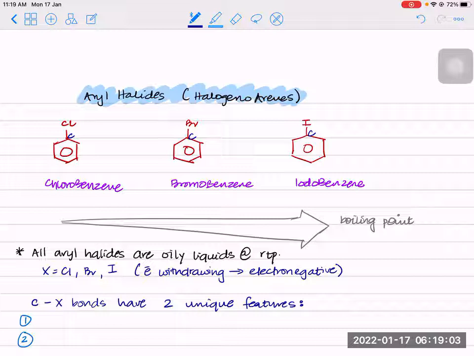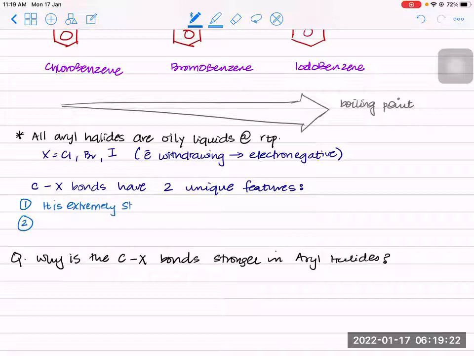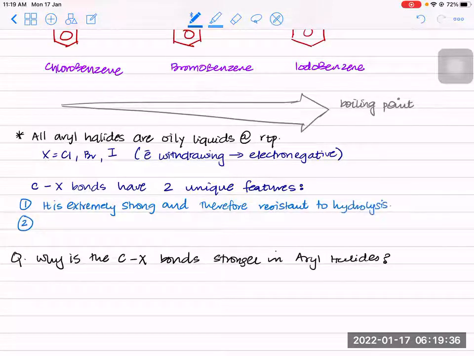The first is that these CX bonds are extremely strong and therefore resistant to hydrolysis.